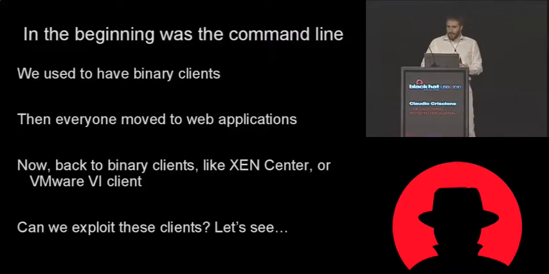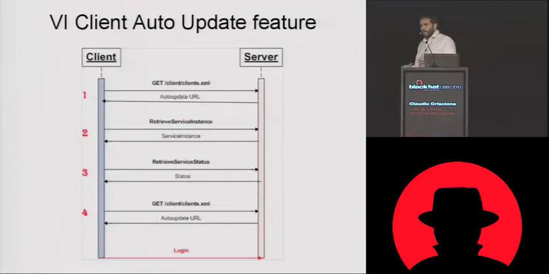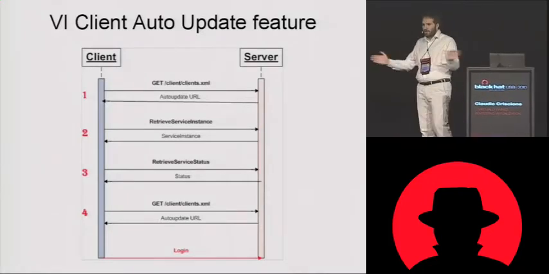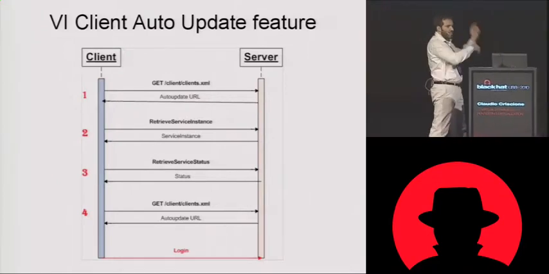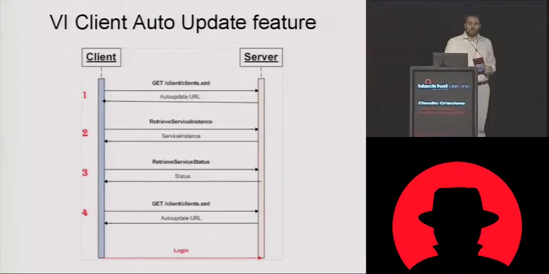In order to understand the attack, we have to see how the auto-update feature of VI client works. This is a schema reconstruction I did by sniffing the traffic. There is some weird stuff going on, so I'm not sure it's the proper process here, but that's what actually happens on my computer.